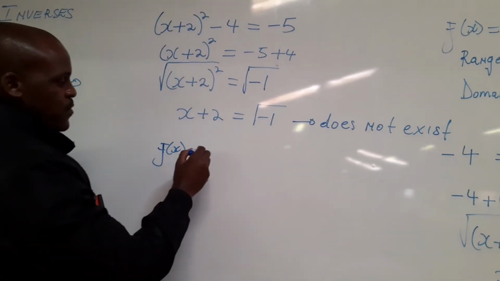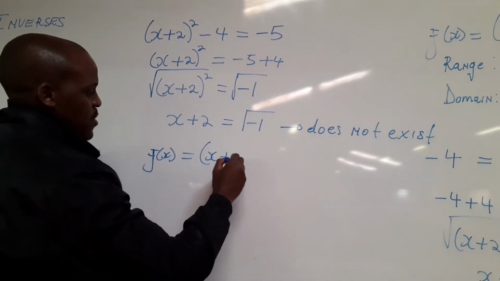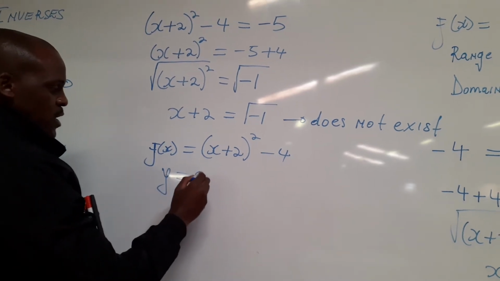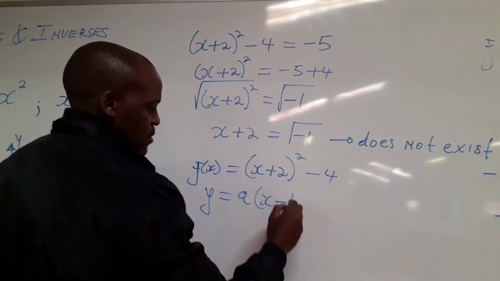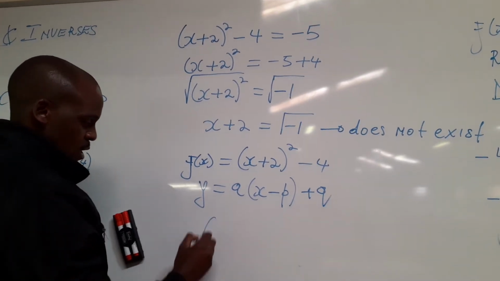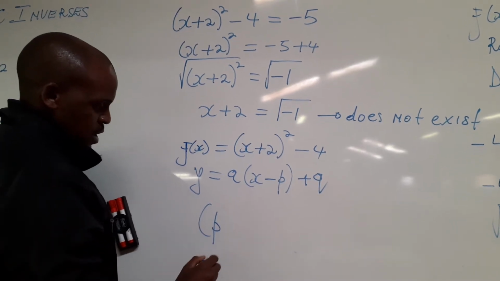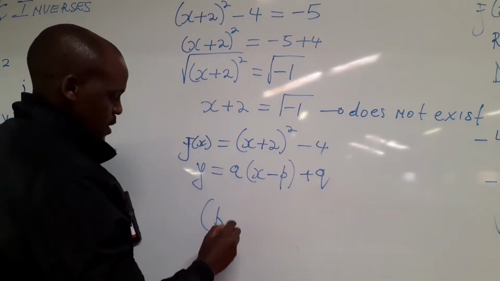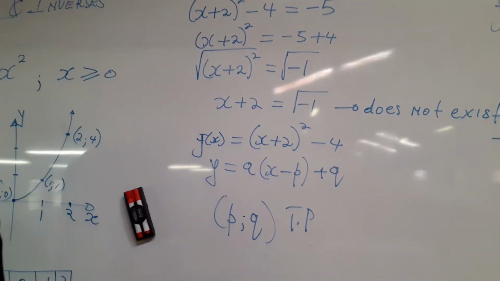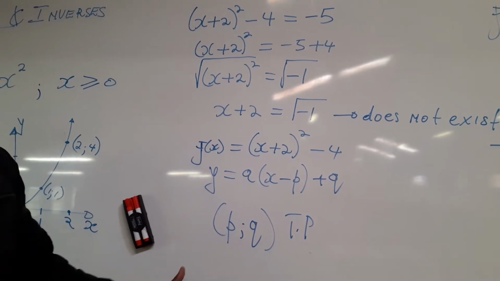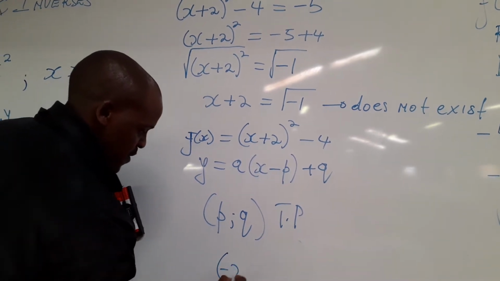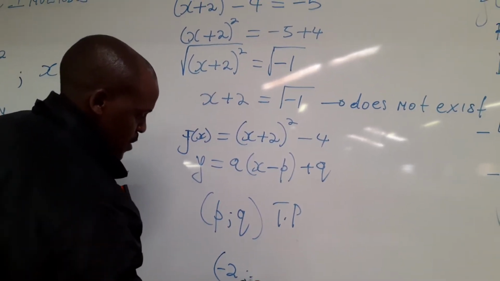It's f at x equals x plus 2 all squared minus 4, which is y equals a into x minus p all squared plus q. Yesterday, we said p, q is our turning point. Therefore, our turning point will be negative 2, negative 4.